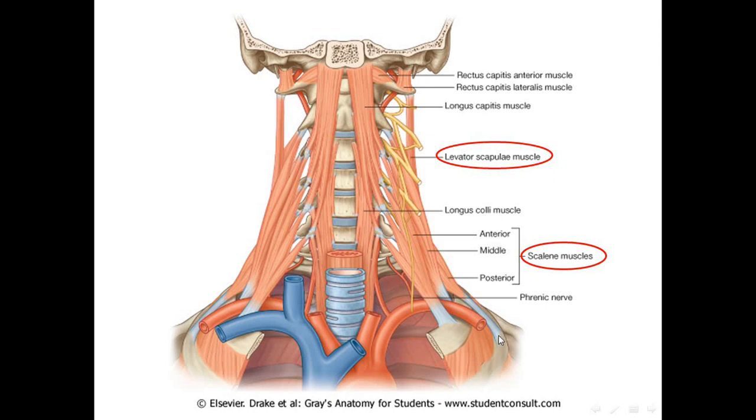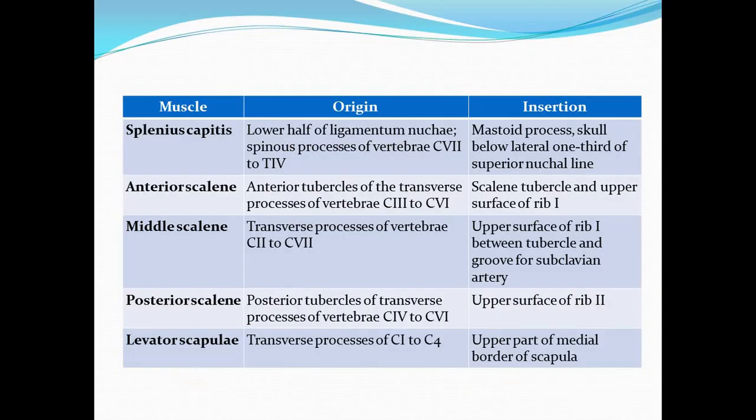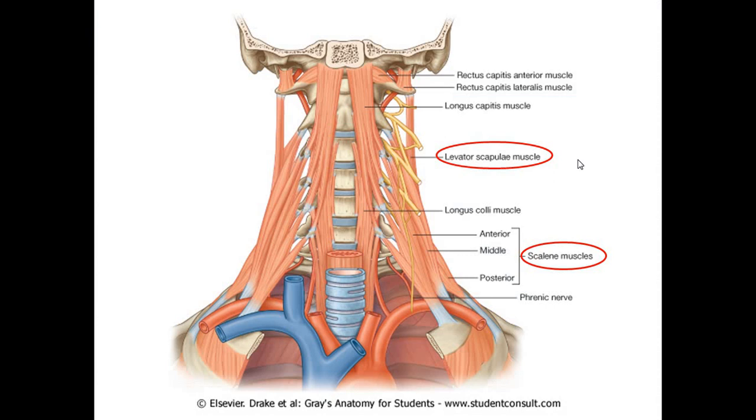So this is the second rib, the insertion of the posterior scalene muscle. The levator scapulae originates from the transverse processes of C1 to C4 and inserts on the upper part of the medial border of the scapula. So here we see a portion of the levator scapulae muscle.